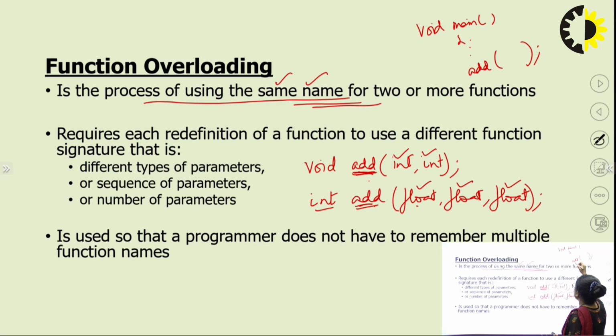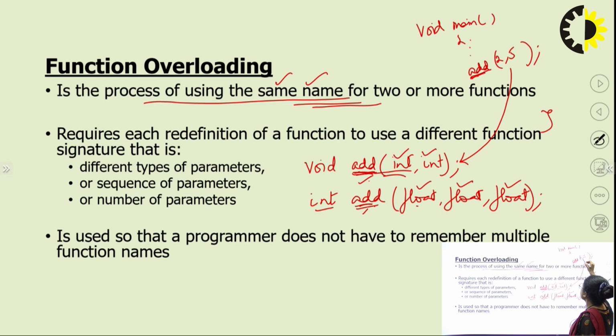So let us say we are having the function add inside the main function, and this function add is called. Now, which of these two will be called will be decided by the argument list. Let us say we are passing two integers, 2 and 5. So these parameters match the first case. So in this case, the first function will be called, not the second one.